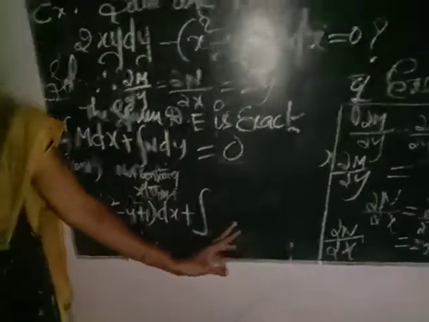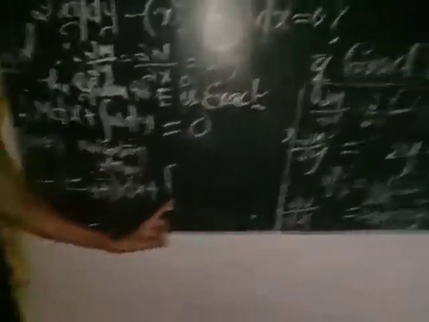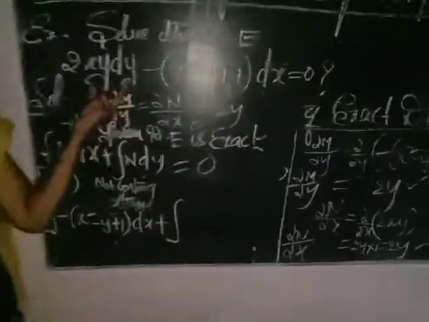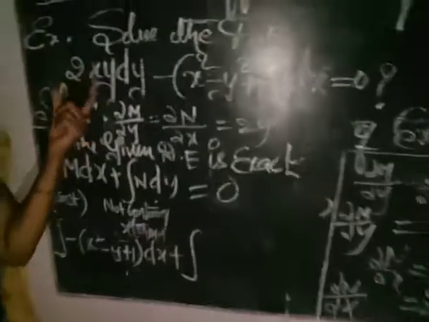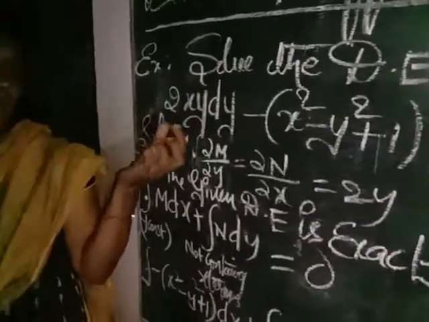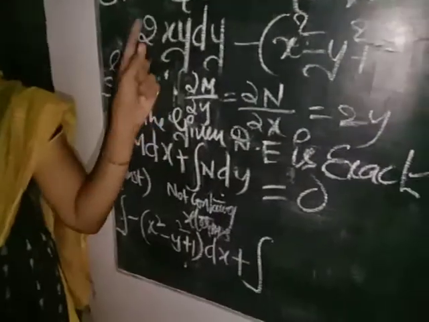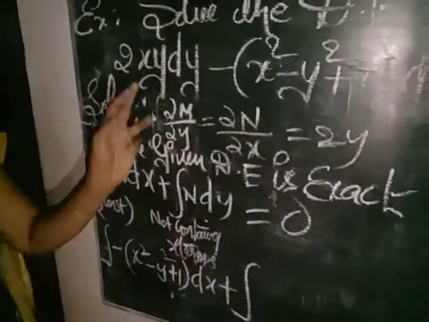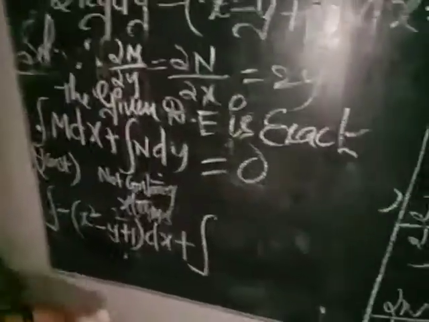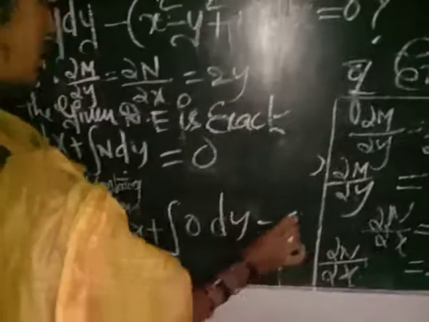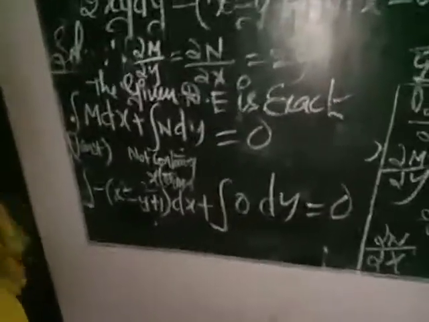Here N is 2xy, which contains x, so there are no terms without x. Therefore we put 0 dy equals 0.